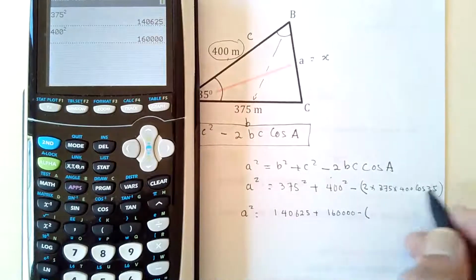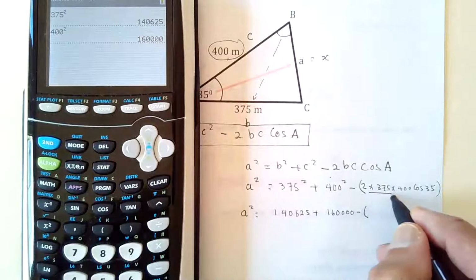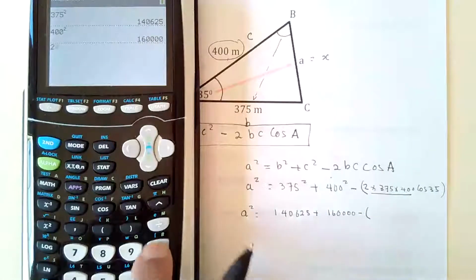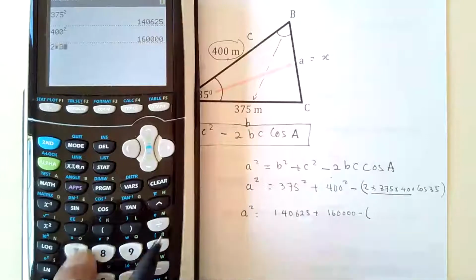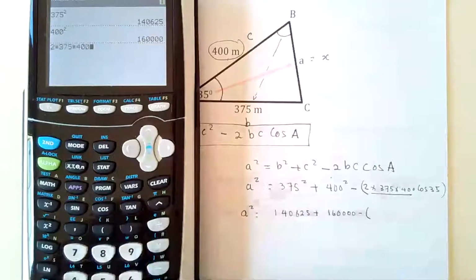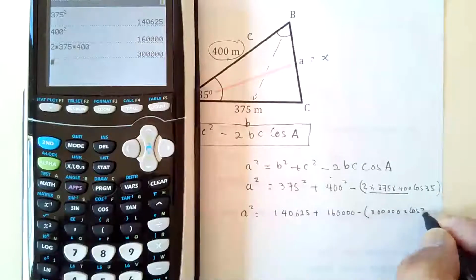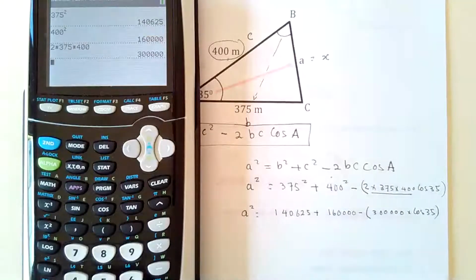Now I'll do all of these together as one: 2 times 375 times 400. I'll leave cos 35 as it is for now.